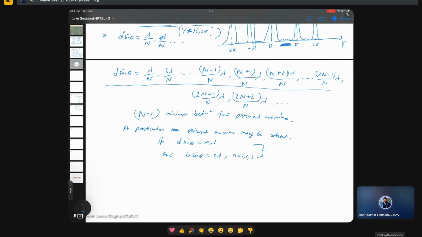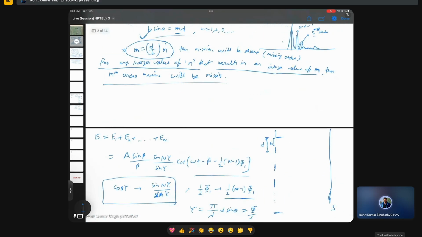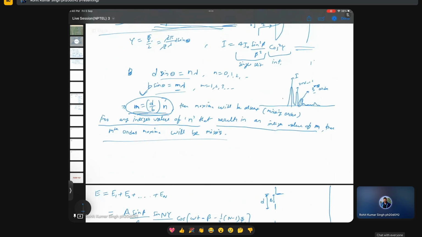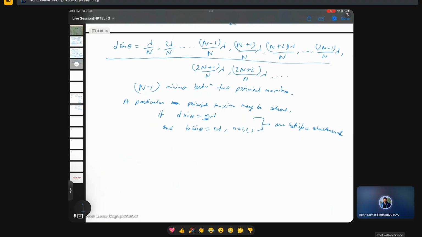If these two equations are satisfied simultaneously, then your m-th order interference maxima will be missing. The criteria is the same.